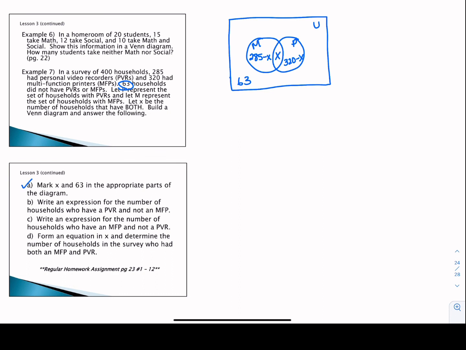Part B says to write an expression for the number of households who have a PVR but not a multifunctioning printer. So if we're looking at that area, the people who have a PVR but not a multifunctioning printer would be this group on the outside. And we've already specified that that group is 320 minus X. So we'll just delete that.